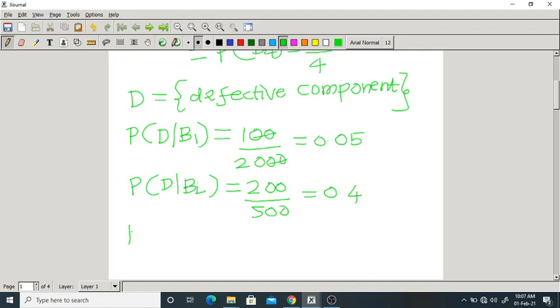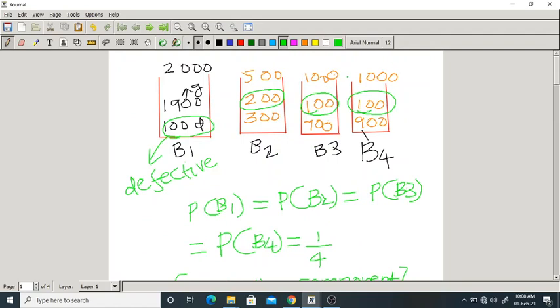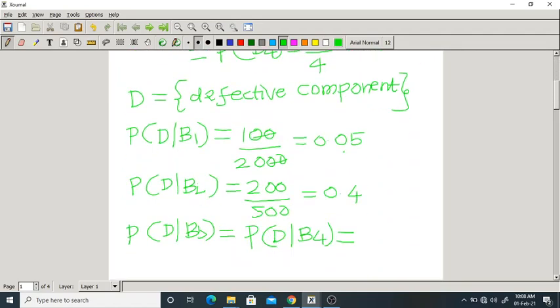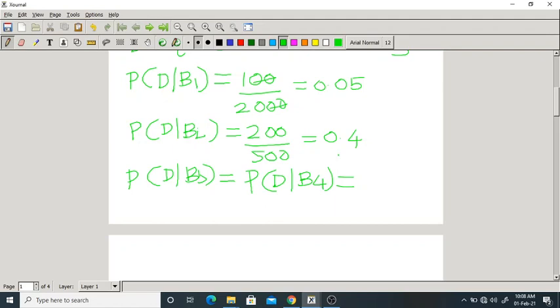What is the probability of selecting a defective from the third box? That will be the same as the fourth box, because they contain the same number of components, and among them they also contain the same number of defective components. So for B3 and B4, out of 1000, 100 are defective, which means 100 by 1000, that is 1 by 10, 0.1.